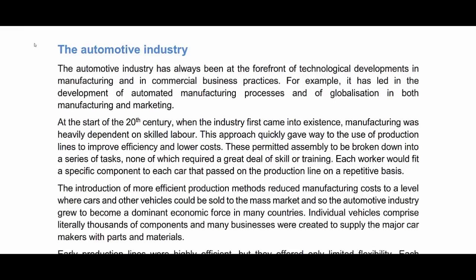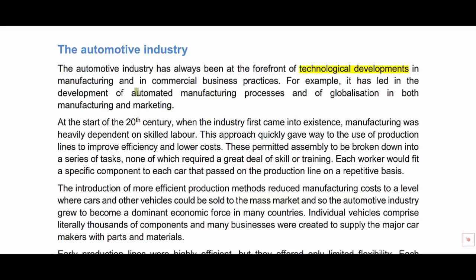Okay, we're now looking at a brief history of the automotive industry, starting in the early part of the 20th century and coming through to the present day. And what we're told in the very first paragraph is that the automotive industry has always been at the forefront of technological developments in both manufacturing and indeed with relation to commercial business practices.